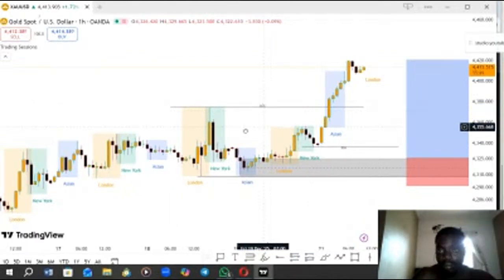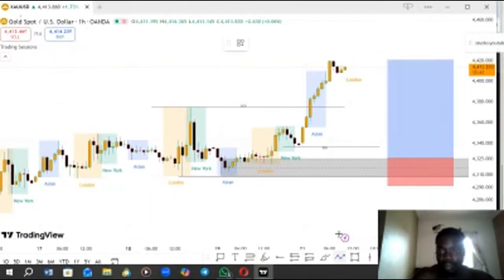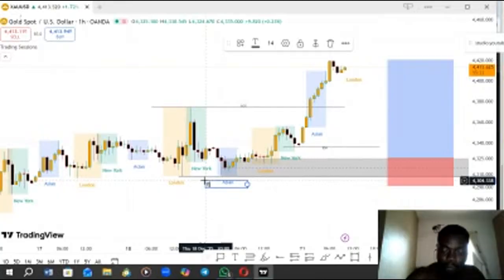All I'm waiting for is a pullback on gold into this area, and then I'll look to buy. But there's something I want you to see here: we have equal lows down here. We have equal lows there.